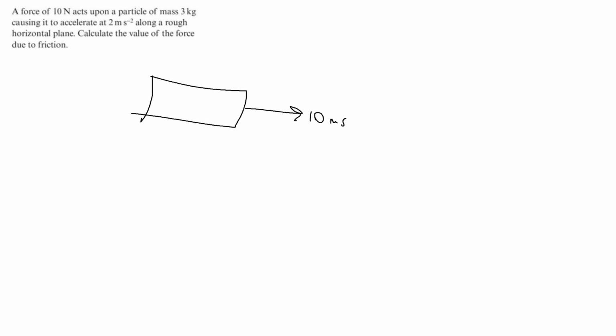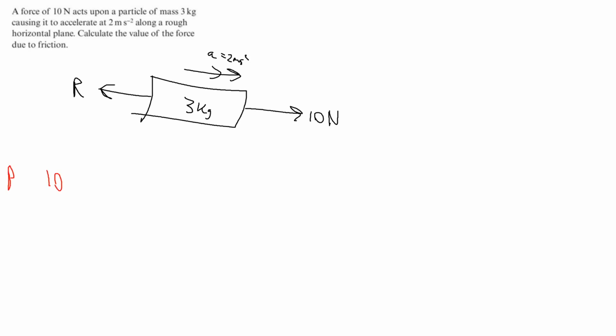Sorry, not in meters per second. This is newtons, okay? We know that the acceleration is 2 meters per second squared, right? And we know the mass is 3 kilograms, which means that there is a resistive force R due to friction. We're solving it the exact same way as we would normally.